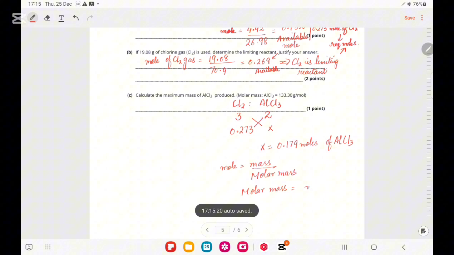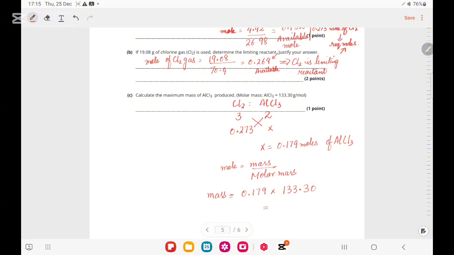and we just need to find the mass. We need to find the mass here, and for that purpose I'm going to put mass here, and mole is 0.179. I'm going to multiply with the molar mass, and that is 133.30.